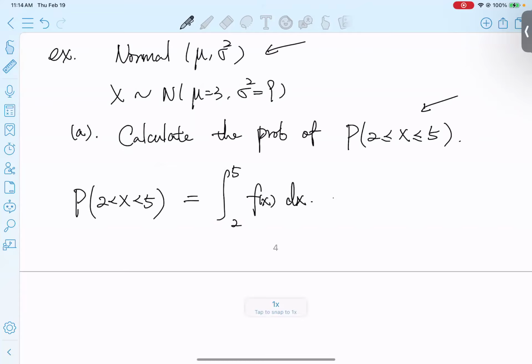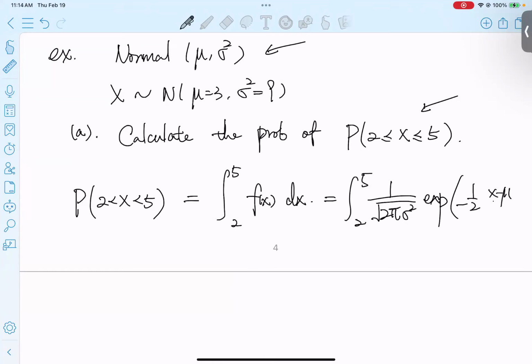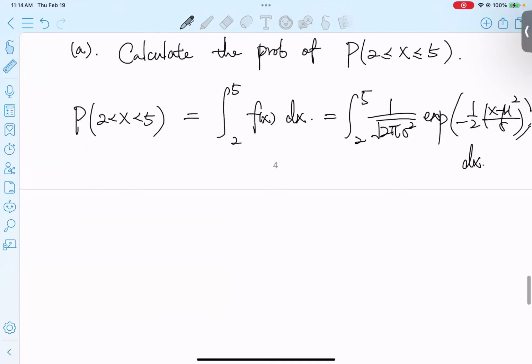If you plug in 1 over the square root of 2 pi sigma square, where sigma square is 9, times exponential of negative 1/2 times x minus mu over sigma squared, your normal density function, dx, this is extremely difficult or even not feasible to calculate from the integral.